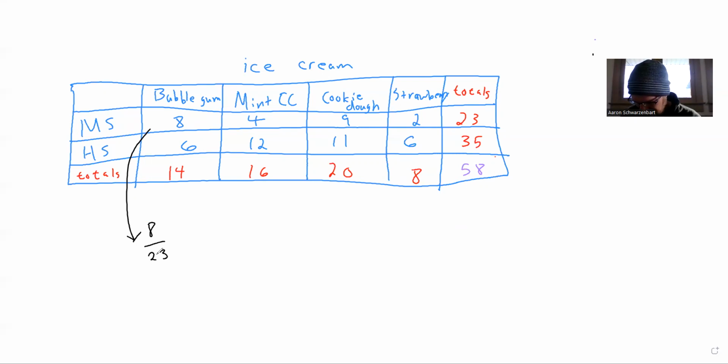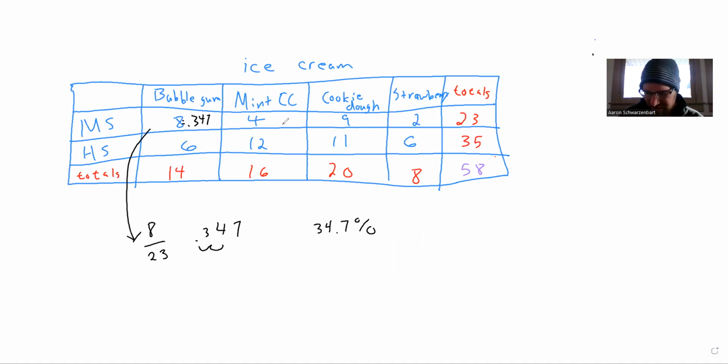I need to get this as a percent, or they're just doing it as a decimal. So I literally go to my calculator and I do 8 divided by 23 and I get 0.347. As a percent, I move the decimal point 2 places to the right, or 34.7%.